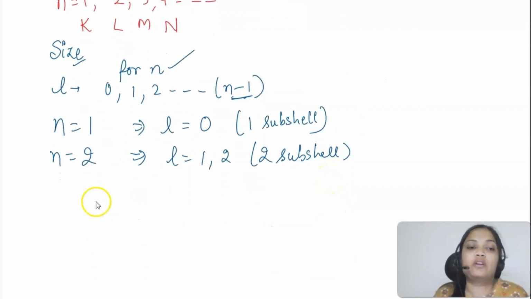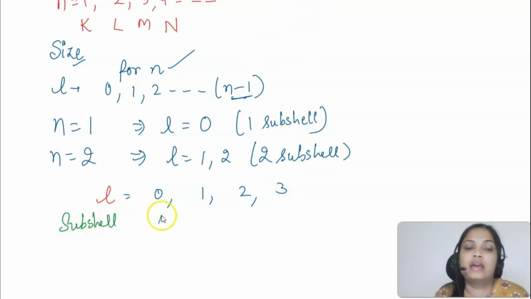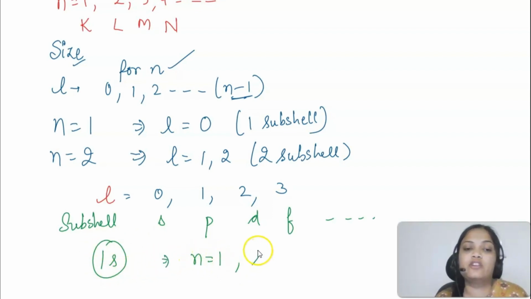Moreover, if the value of l is 0, 1, 2, 3, and so on, the subshells are s, p, d, f, g, h, and so on. For example, if I have a 1s orbital, here the value of n is 1 and the value of the azimuthal quantum number is 0.